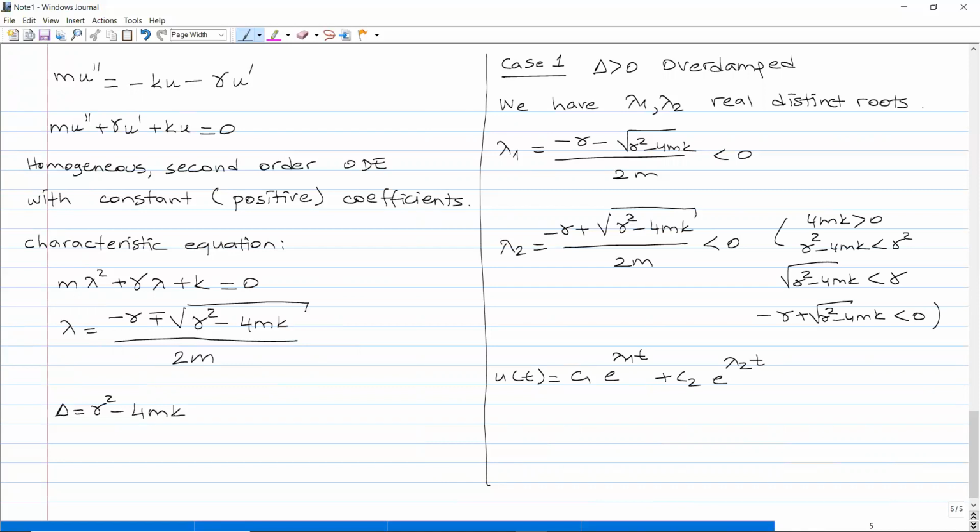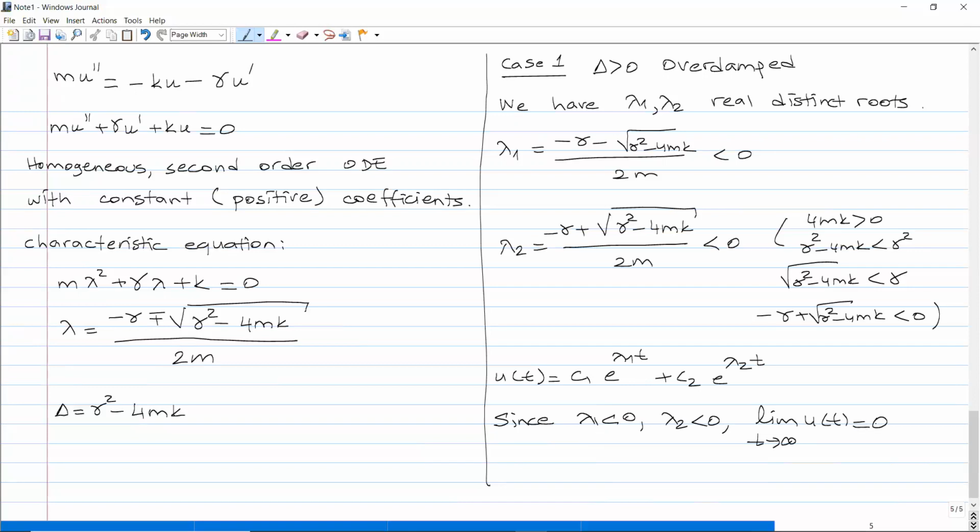Okay, now one thing we note about the solution, since both numbers, lambda 1 and lambda 2, are negative, the limit as t goes to infinity of this function is going to be 0.